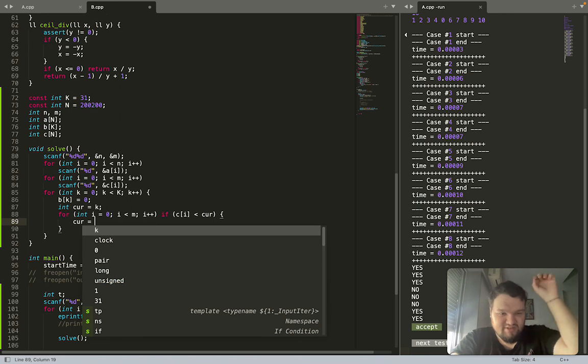So we will change this bit from 0 to 1. I guess not this bit, but 1 less than this bit, right?